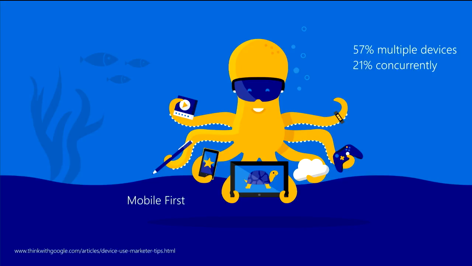So for the recent study, and this is a Google study from a marketing research project they did, 57% of people use multiple devices, 21% concurrently. But the key is, one of the emphases from that research found that it's still mobile first. And some excellent examples of activities that people will do from one device to another device: shopping, video streaming, gaming.